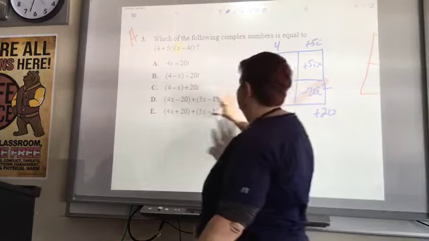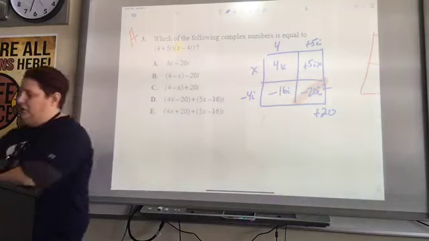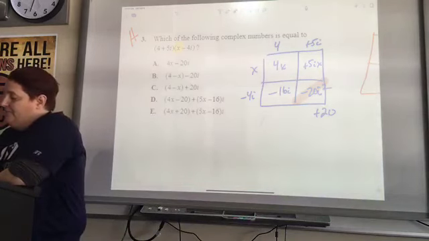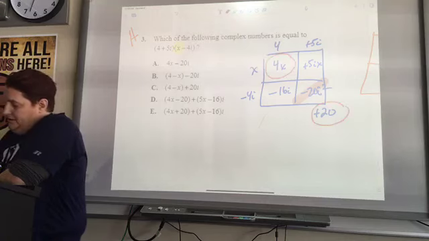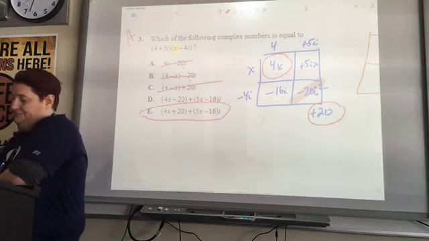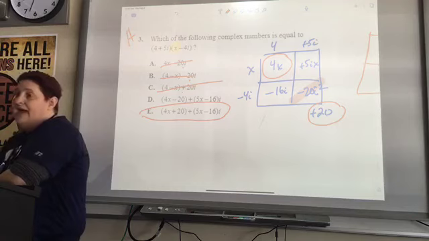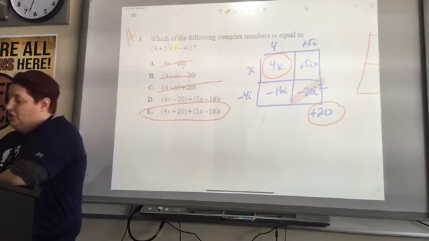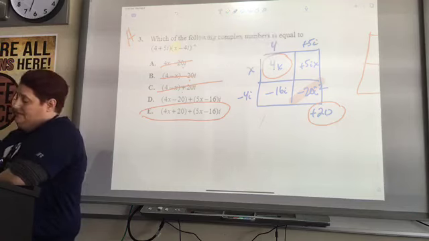So when I got this, I started looking over here and I said, well, look, I have to have a 4x, right? You guys see that? I have to have a 4x and I have to have a plus 20. That one's a minus. That one's a minus. That's a plus 20i. Gotta be that one. And then I was like, let's make sure it's gonna be that one. Why did we switch it?